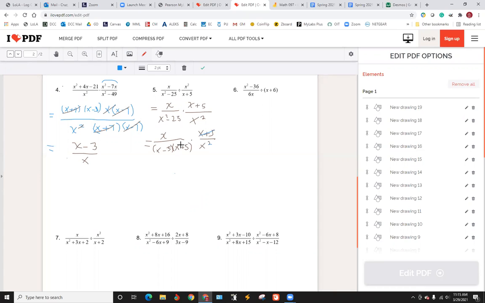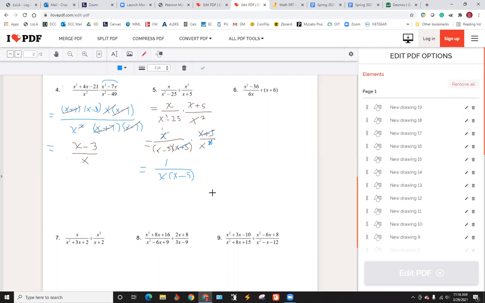Anything top to bottom that's the same goes away. This x is gone with just a 1 there, and there's only one x left. So up here, there's just 1, and then there's an x times an x minus 5. All right, questions about that one?